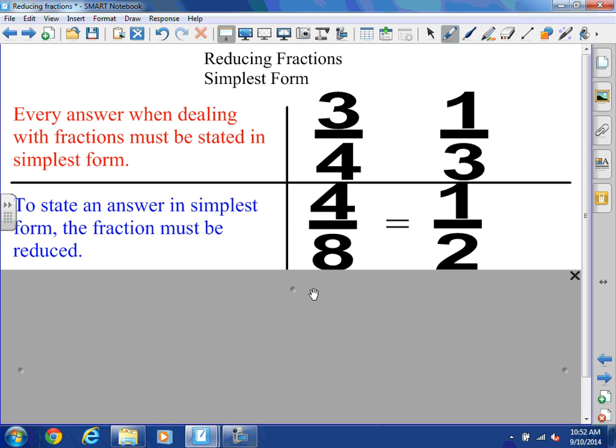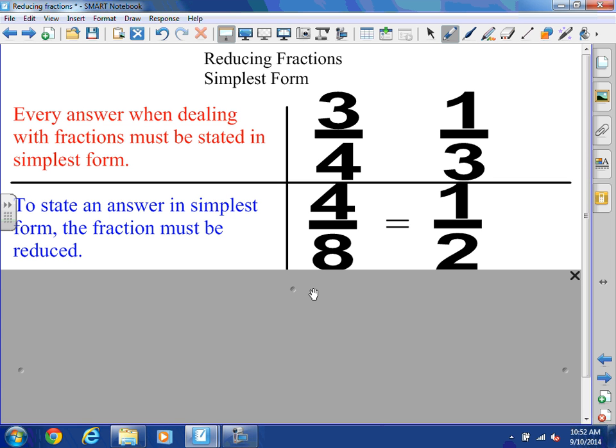Okay, ready? Read. To take an answer in simplest form, the fraction must be reduced. All reducing is, you guys, is taking a fraction and writing an equivalent fraction.